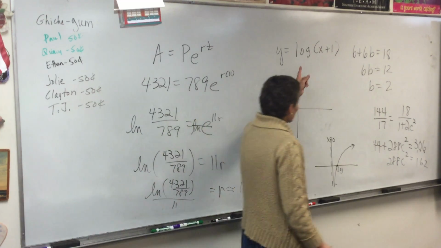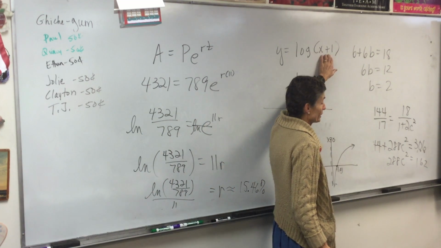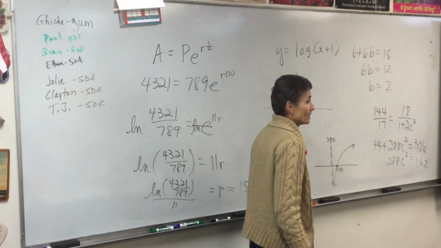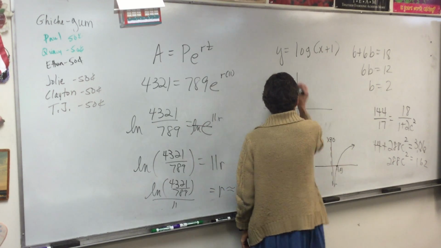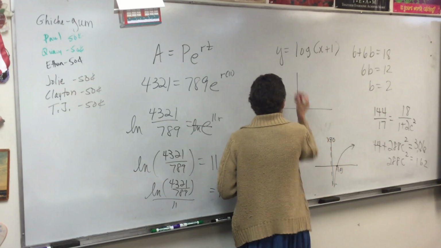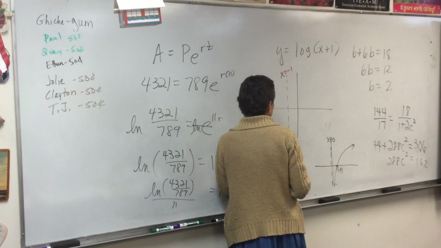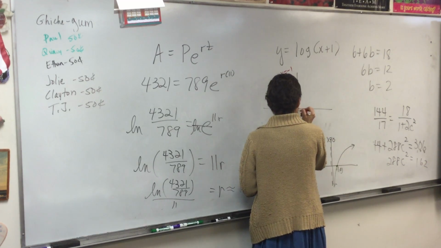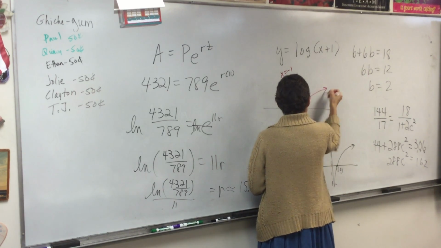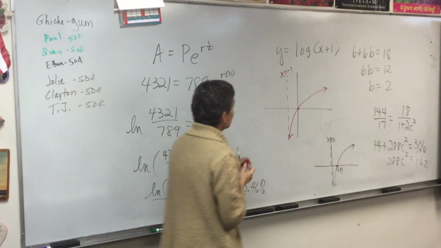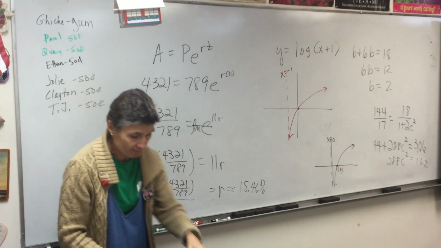Now, this is not quite the normal. We've changed it a little bit. What have we done to it? Left 1. So that picture gets picked up and moved 1 unit to the left. So the asymptote is at -1 and the intercept is at the origin. It's the same picture, just moved 1 unit to the left.